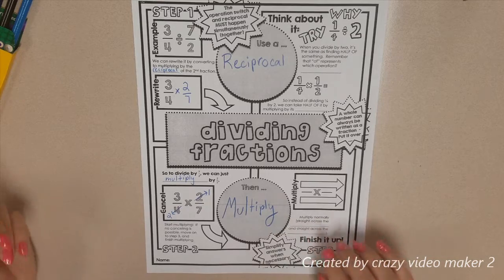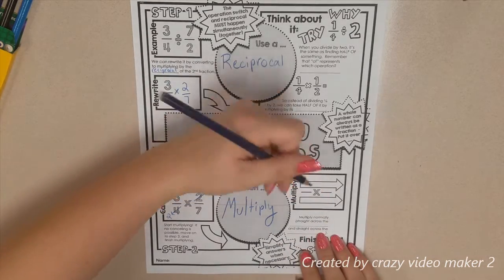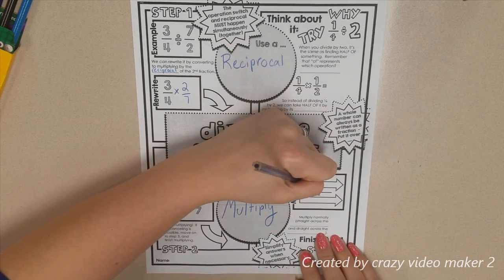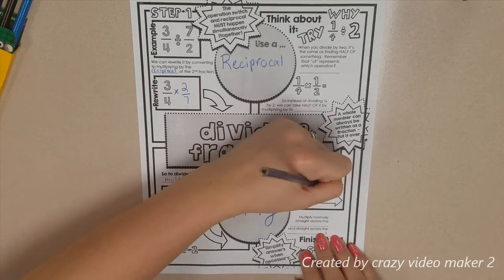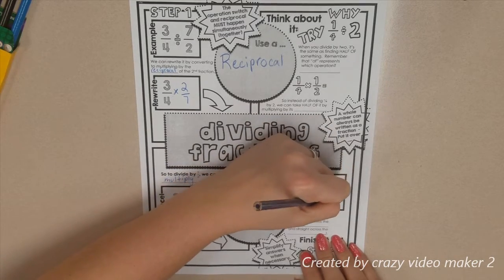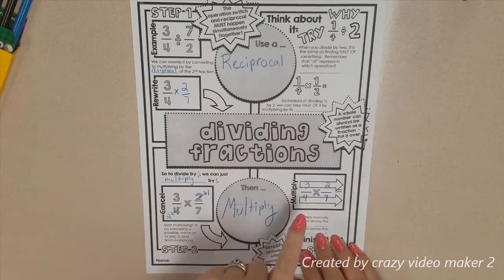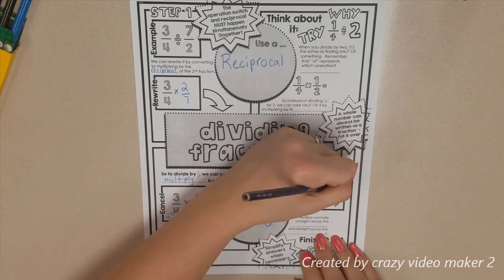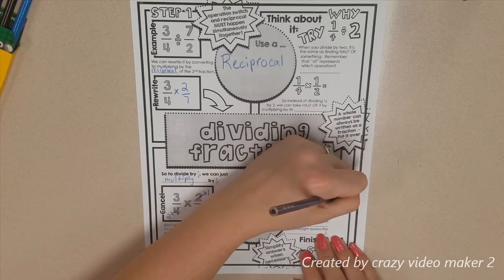So we go over to our third box here. You do 3/4 times the 2/7, and then what do you get? What is 3 times 2? 6. 4 times 7, that's 28.